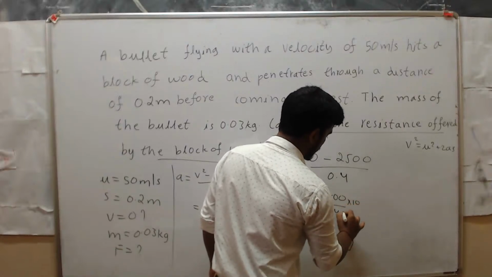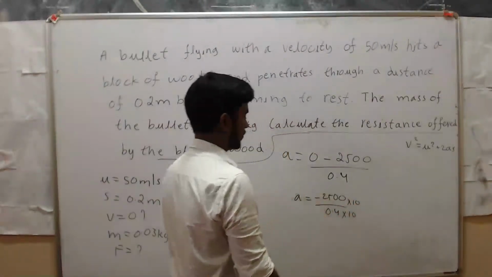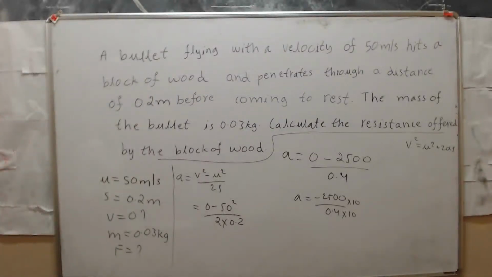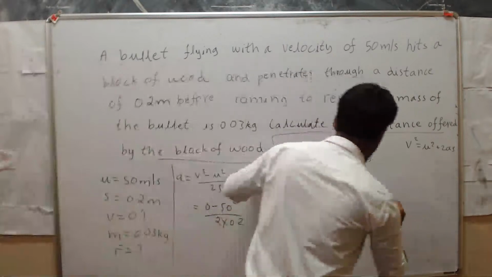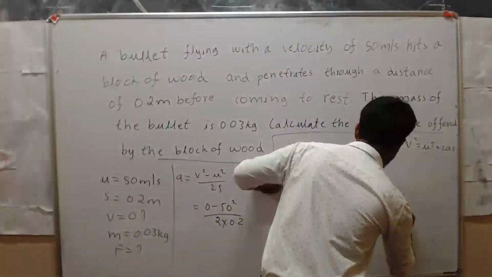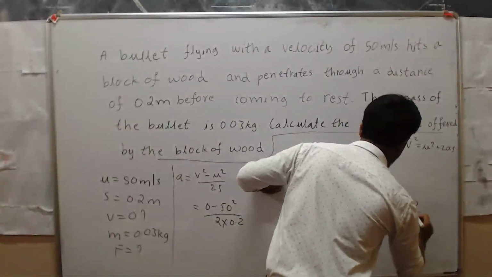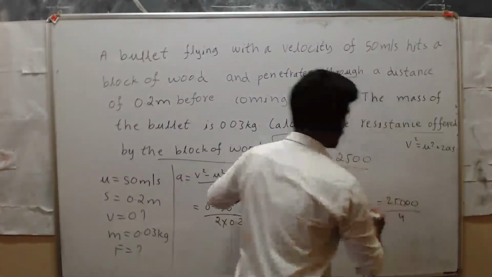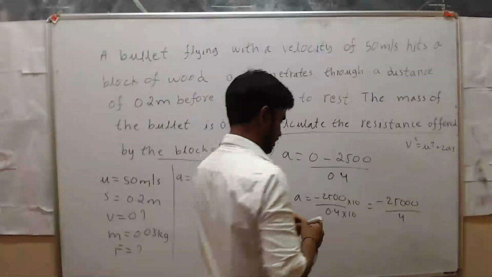So better multiply by 10 and here also divide by 10. Okay, so the answer is minus 25,000 divided by 4. So now calculate.